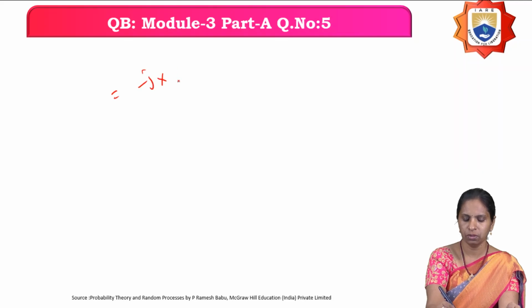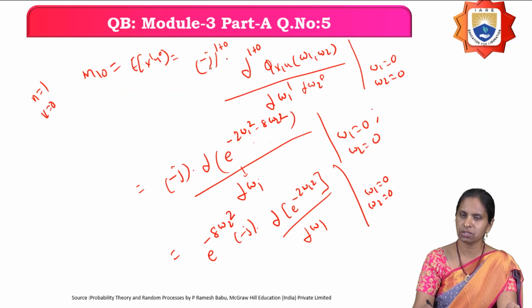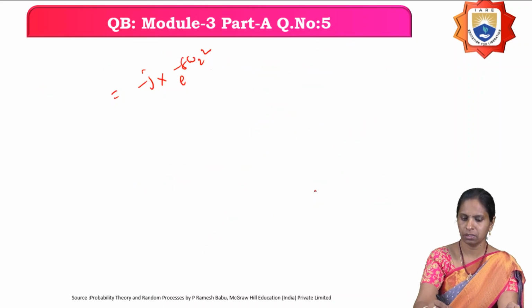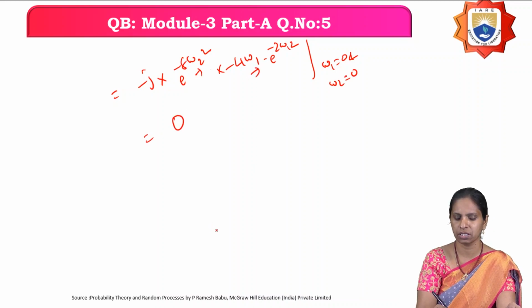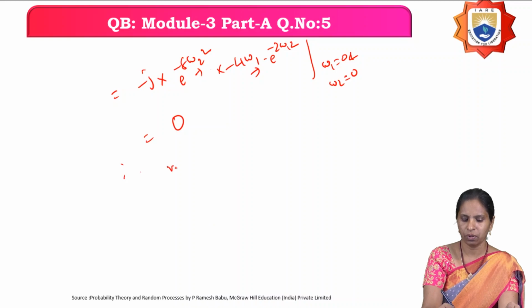Minus j into e power minus 8 omega 2 square, and the differentiation of e power minus 2 omega 1 square is minus 4 omega 1 into e power minus 2 omega 1 square. Substituting omega 1 and omega 2 equal to 0, you get 0. Therefore m10, the mean of the random variable x, is 0.